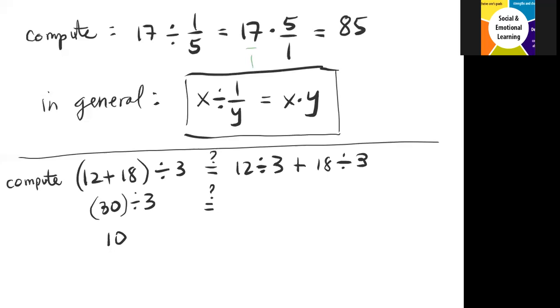If we do the other one, 12 divided by 3 is 4, and 18 divided by 3 is 6.